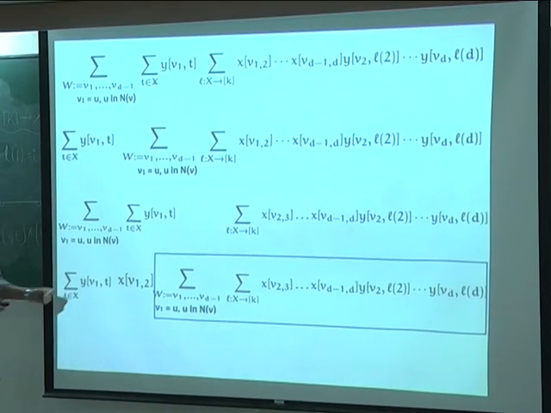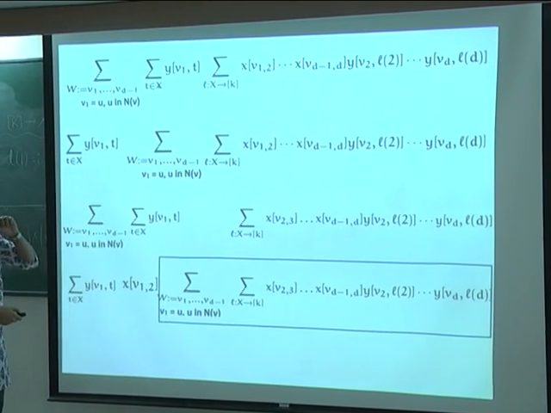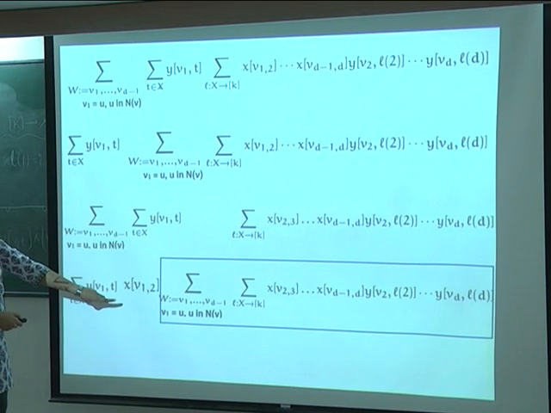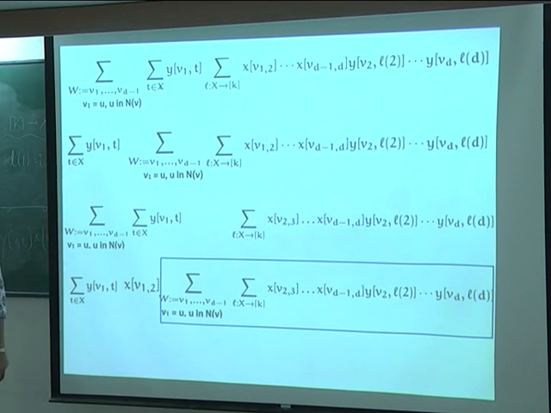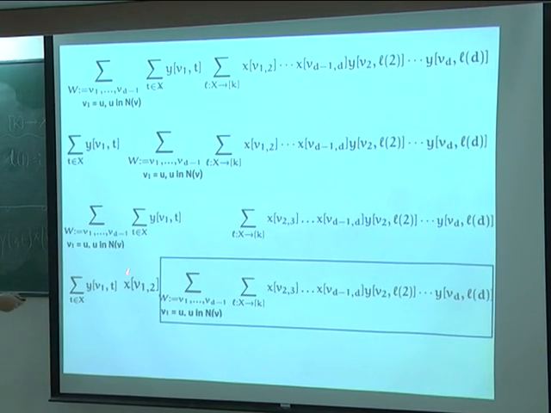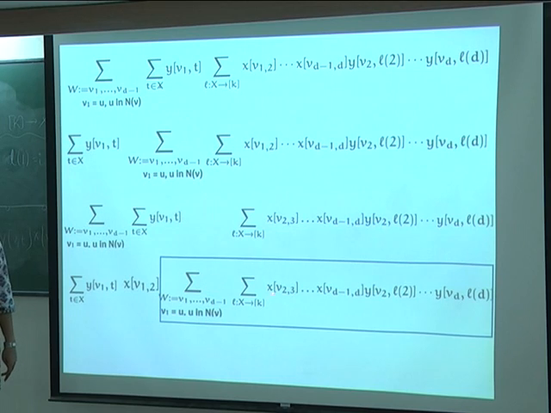U is the second vertex in the walk, right? Yeah, that should be in here, sorry. It shouldn't matter ideally.